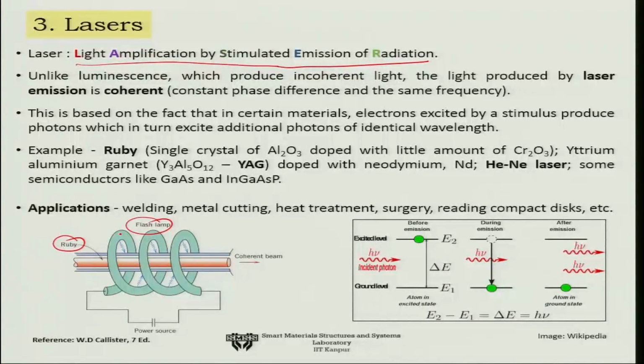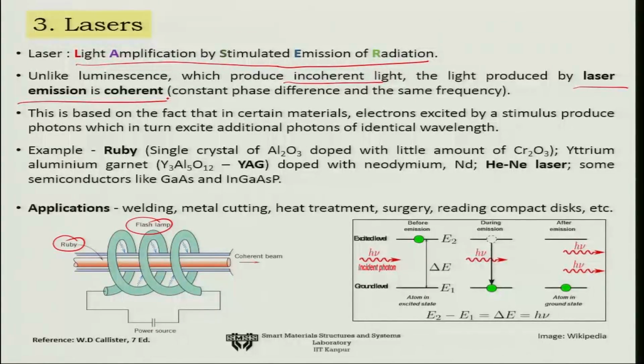In the case of luminescence the energy comes out, but it is incoherent, because the phase relations continuously change, whereas laser emission is very much coherent, with a constant phase difference and the same frequency emitted.